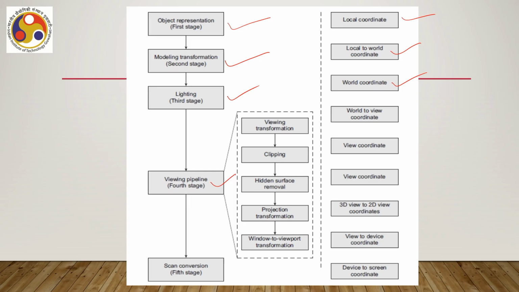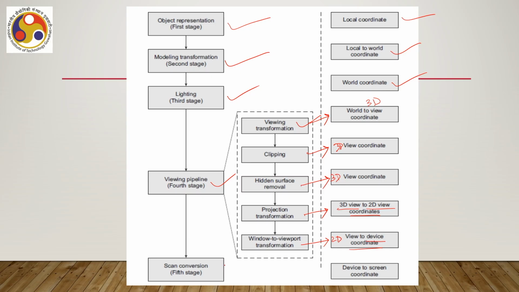Then the view pipeline comprises the viewing transformation, that is transformation from world to 3D view coordinate system, then the clipping operation, which happens in the 3D view coordinate system, then hidden surface removal, again in the 3D view coordinate system, then projection transformation, that is transformation from 3D view coordinate to 2D view coordinate system, then window to viewport transformation, that is transforming from 2D view coordinate system to a device coordinate system.